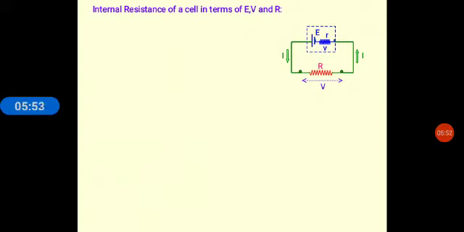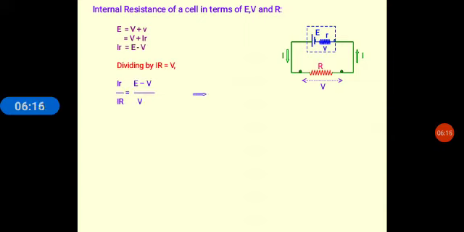Here we consider a cell having EMF E and internal resistance r. An external resistance capital R is connected across the cell. I be the current flowing through the combination and V be the potential difference across the external resistance.